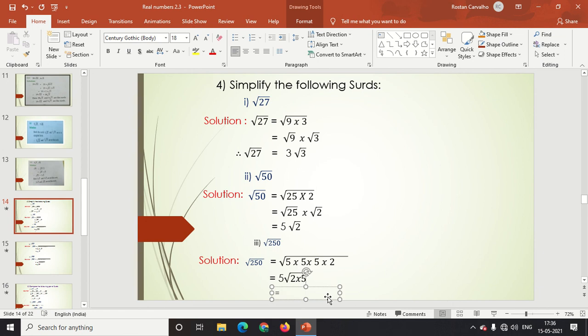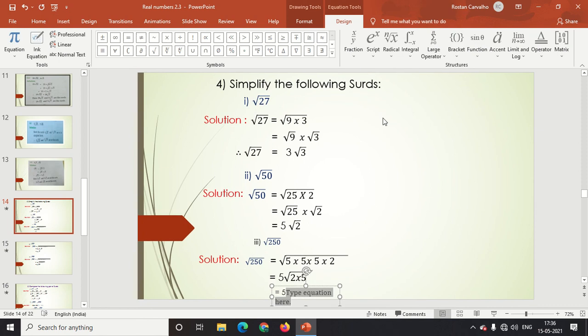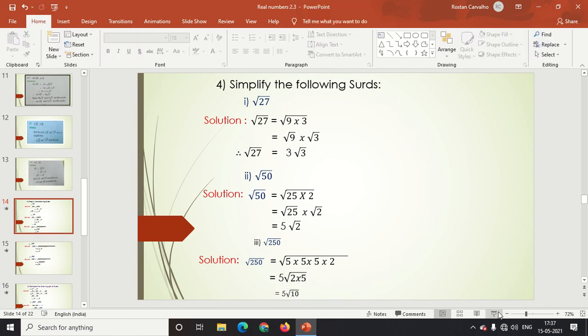The answer is supposed to be 5 root 10 over here.